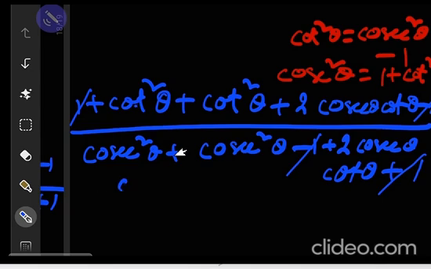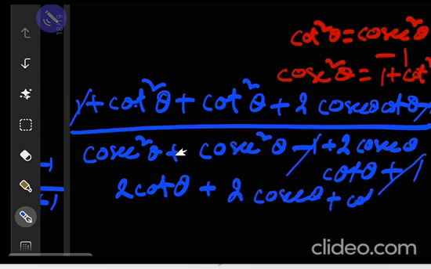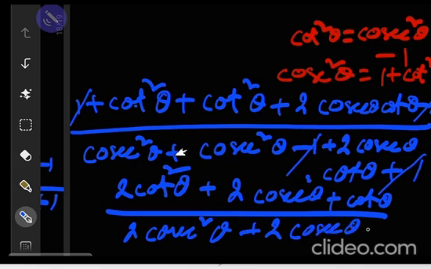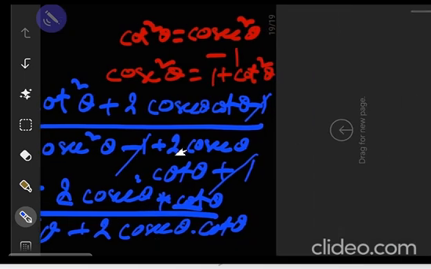Cot square theta plus cot square theta is 2 cot square theta plus 2 cosecant theta cot theta, divided by 2 cosecant square theta plus 2 cosecant theta cot theta. Right. So from this, let's take 2 cot theta common.